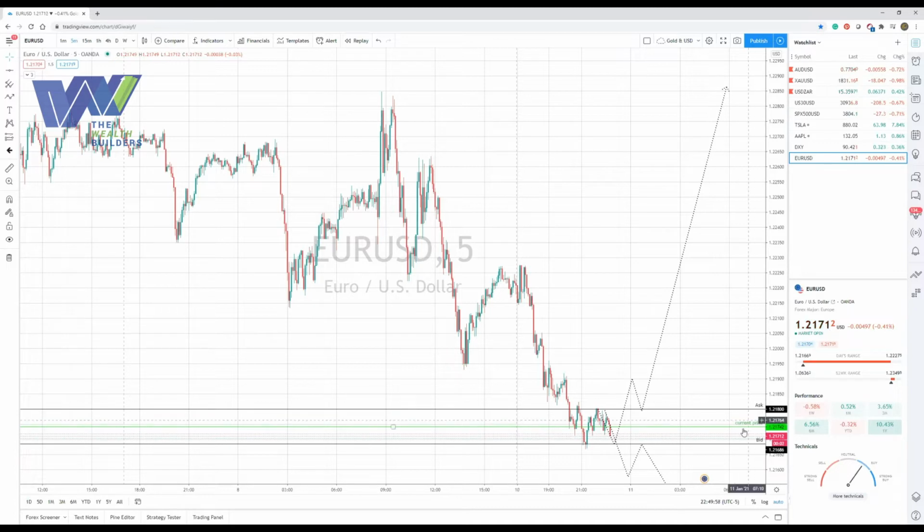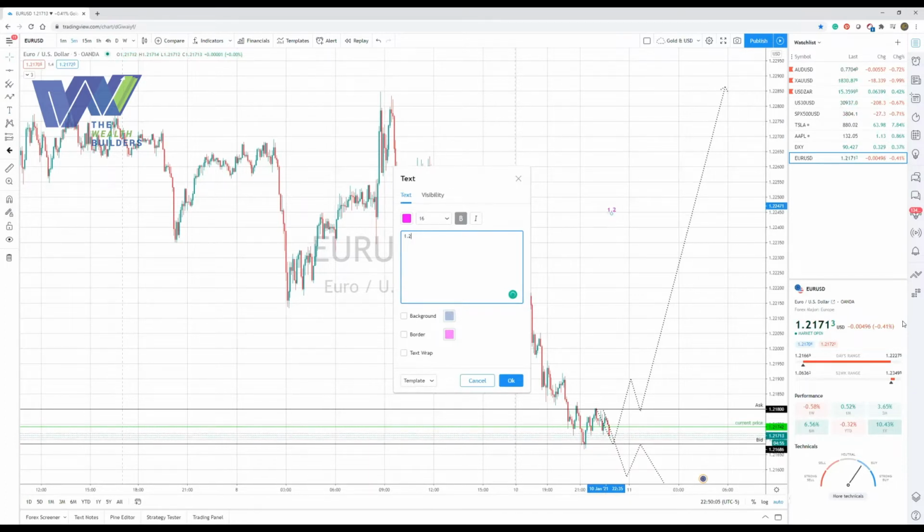And so if we deduct 1.21800, which is the ask, from 1.21686, which is the bid, we determined that it had 11 point 4.